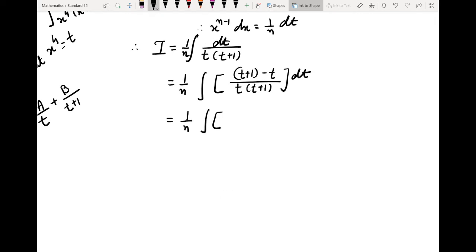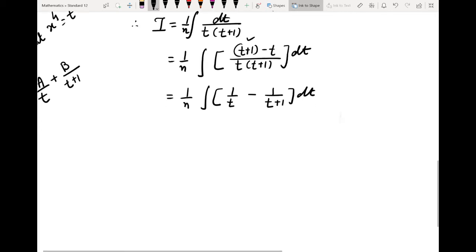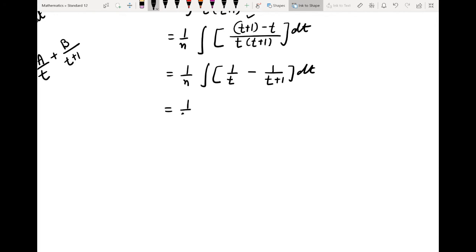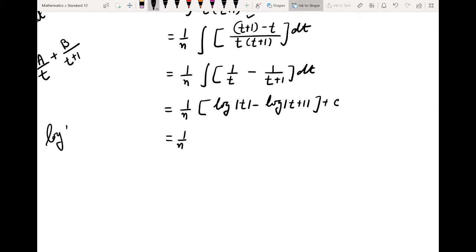So the integration: when we divide, this is 1 upon t, and here it will be 1 upon t plus 1, dt. Now term-wise we can integrate 1 upon x. So the integration is log mod t minus log mod t plus 1 plus constant of integration, and using the formula of logarithm, log a minus log b equals log a by b.